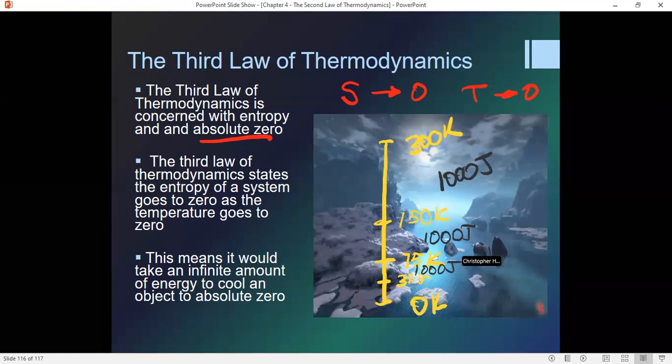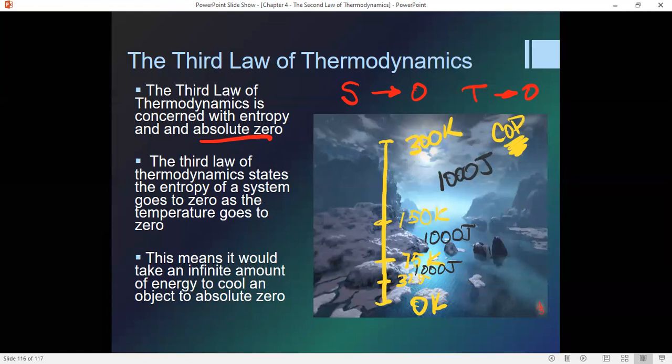See what's happening here? As we get closer and closer to absolute zero, it takes progressively more and more energy. Remember that coefficient of performance? I said that as things get colder, the coefficient of performance goes down. It's harder and harder to extract energy as I get closer and closer to zero.